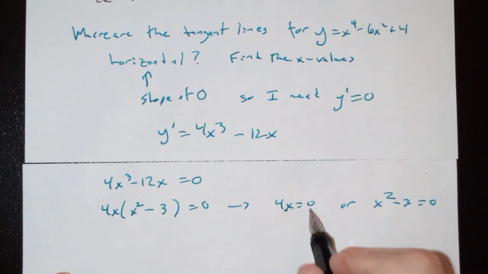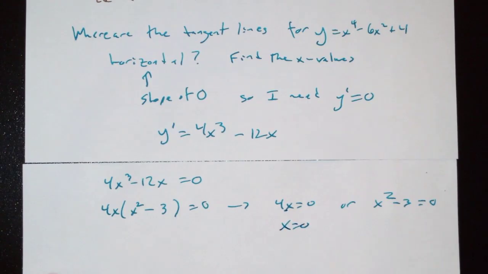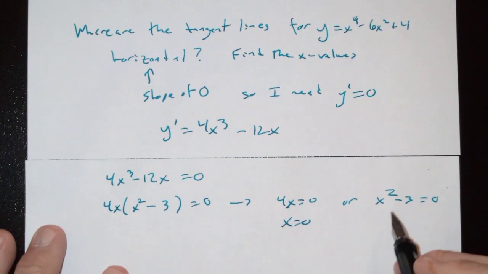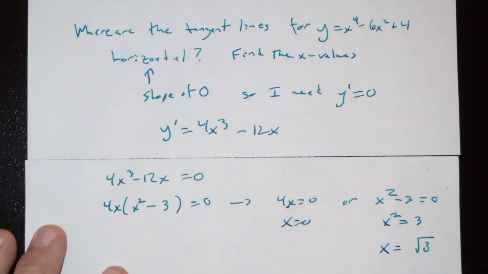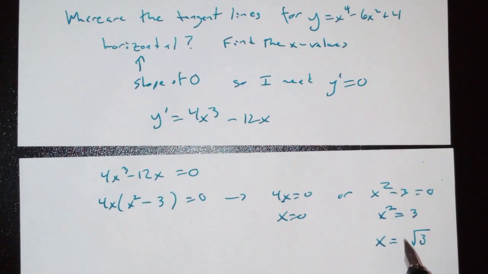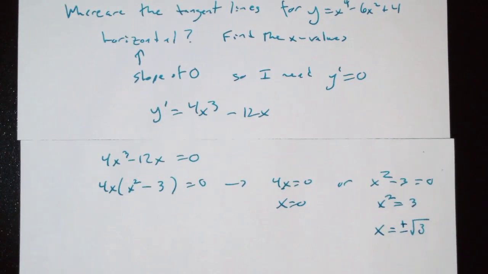To multiply 0 by 4, so that means that the x has to be 0. I divided both sides by 4. Here, x squared has to be 3, so I take a square root. Aha! Every number has both a positive and a negative square root.